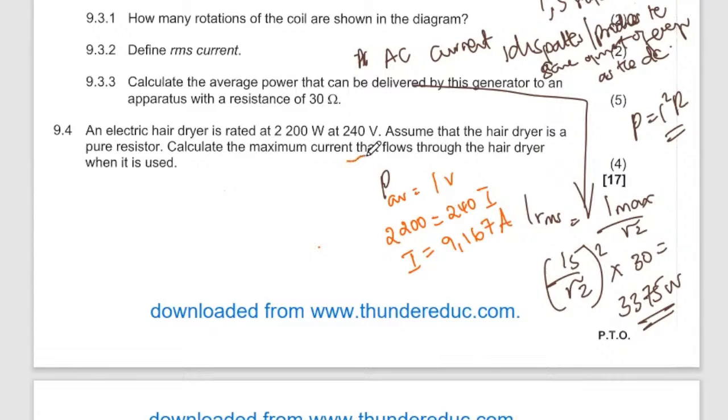The question wants the maximum current. So to get the maximum current, you must take I RMS times the square root of 2, which means 9.167 times the square root of 2, and I'm getting 12.196 amps. That is 9.5.